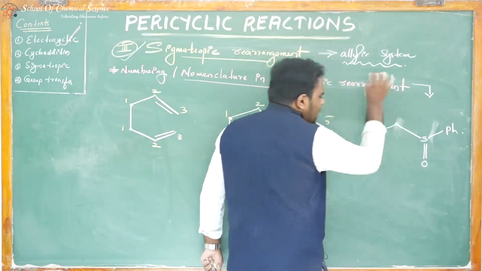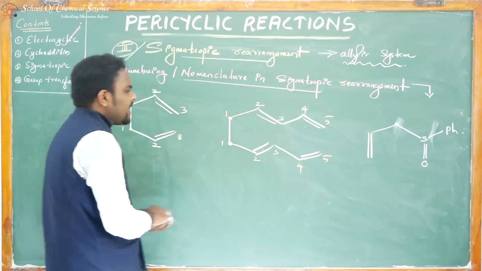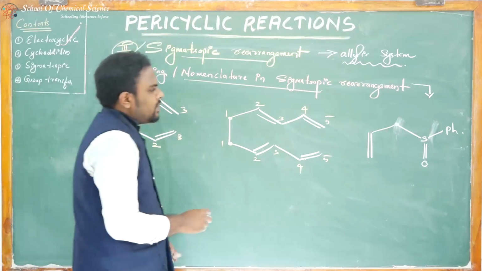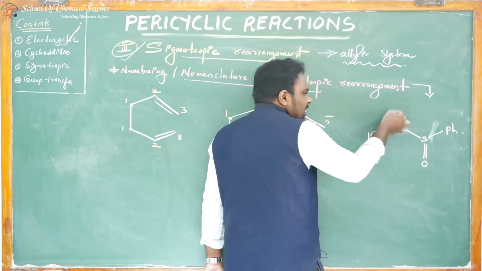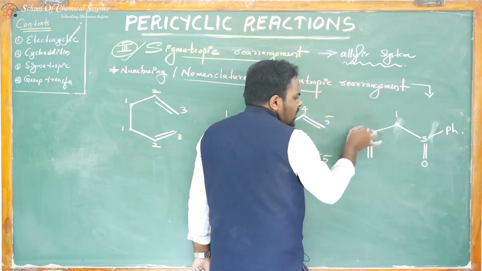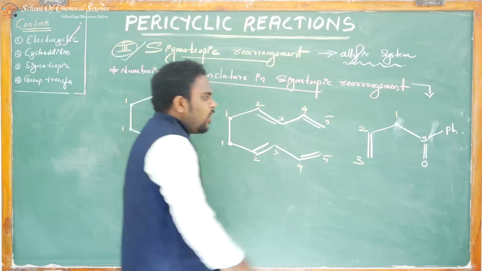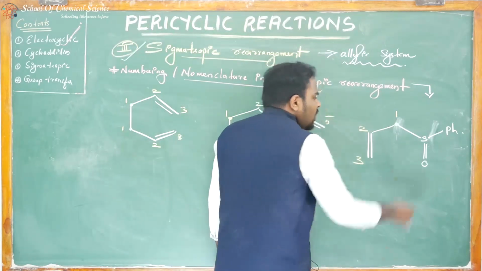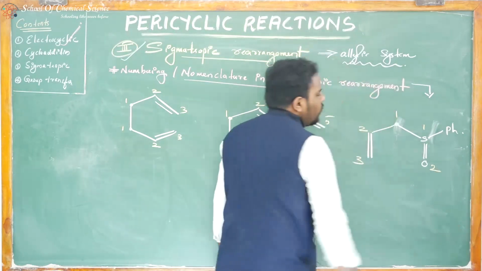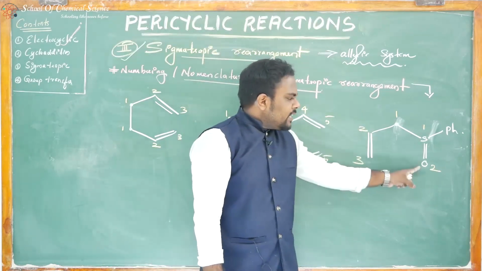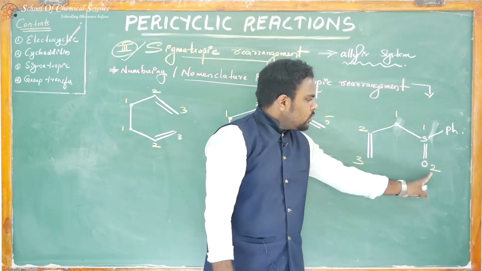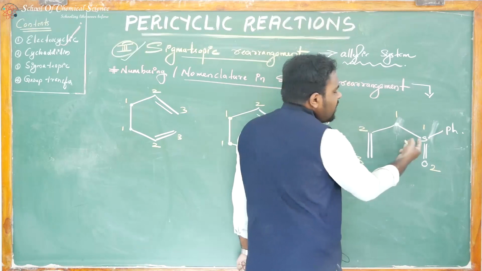Here this is the allylic carbon. A sulfur oxide. An allylic carbon is present. So the allylic carbon is given the number 1. 1, 2, 3. On the opposite side also give 1, 2. Here sulfur and oxygen are the reacting system. So this is the 1-1 bond.